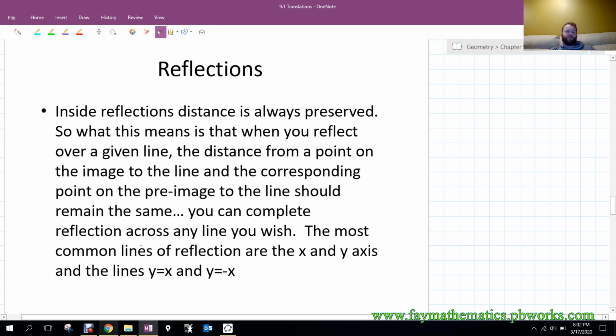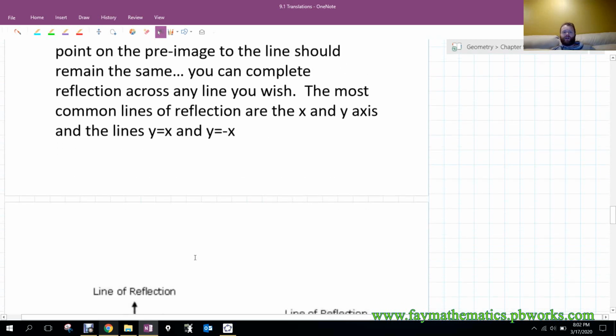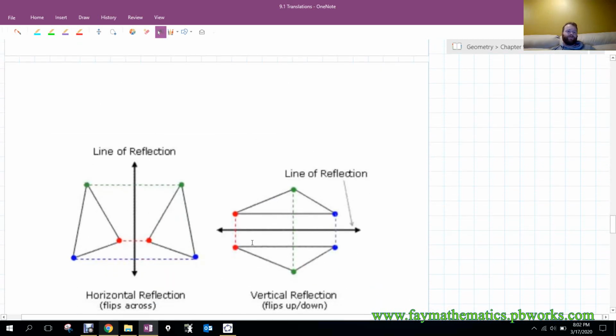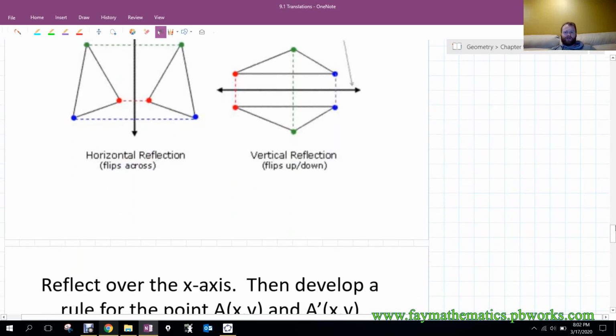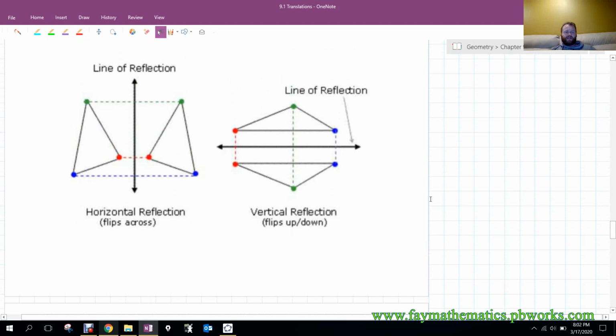So you can complete a reflection across any line you wish. The most common lines of reflection are the x-axis, y-axis, the line y equals x and the line y equals -x. Okay. And this is just demonstrating the idea that distance is preserved.